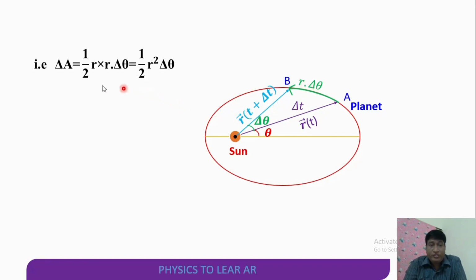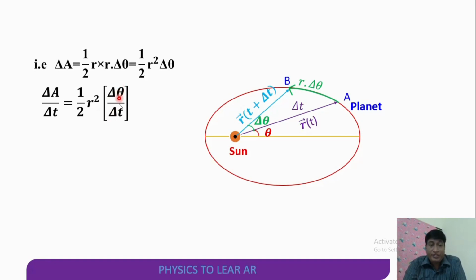So r into r is r square, and area is half r square d theta. We have to prove that it sweeps out equal areas in equal intervals of time, that means differentiating both sides with respect to time, delta A by delta t is equal to half into r square into d theta by dt.